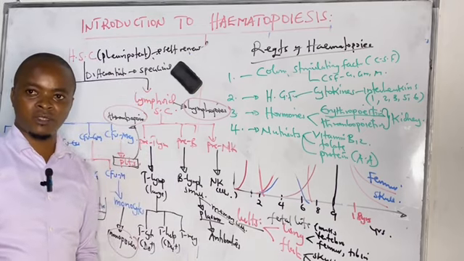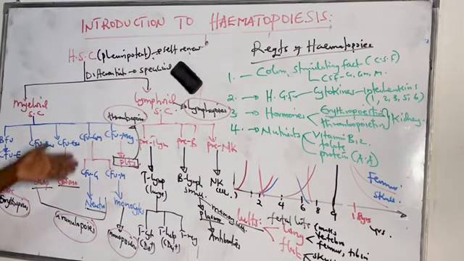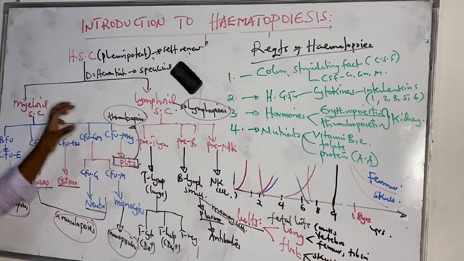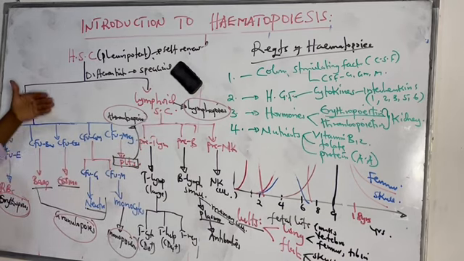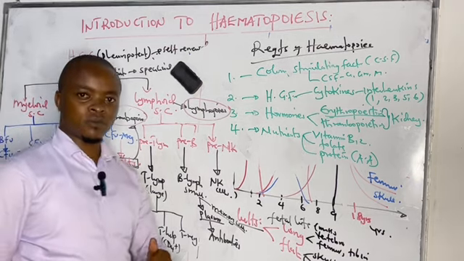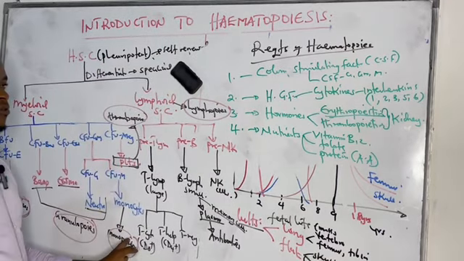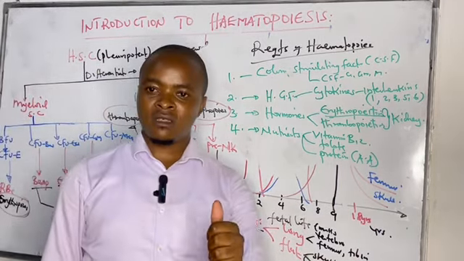You must know those terms in hematopoiesis. We have seen it gives 2 common stem cells, the myeloid and the lymphoid. Thank you so much for listening. In the next videos, we shall tackle one by one and explain in more detail.